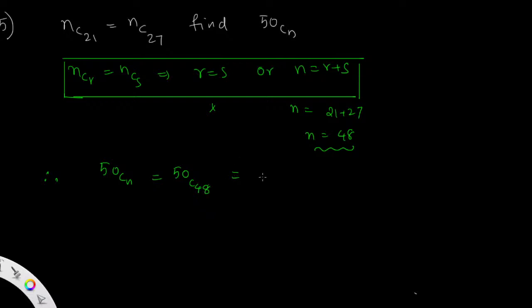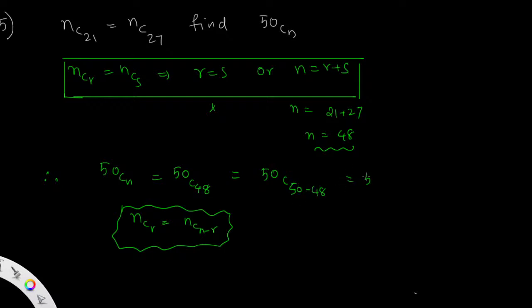50C48 is nothing but nCr equal to nC(n minus r). The formula can be reduced into a smaller form, that is nCr equal to nC(n minus r). Therefore, this can be written as 50C(50 minus 48), so the value is 50C2. 50C2 value we can find as 50 into 49 by 2 into 1.